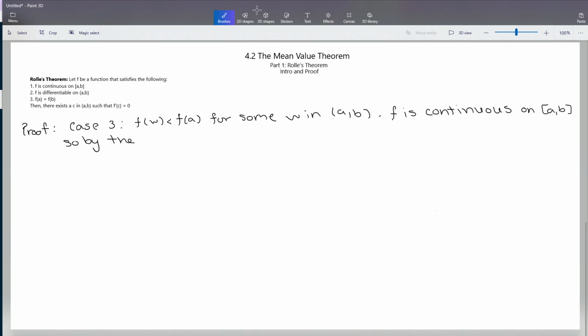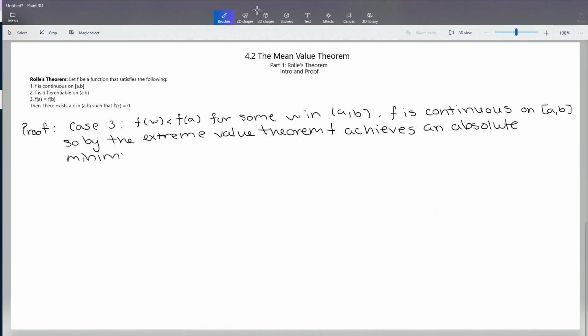So we're going to use the extreme value theorem again. And this time we're going to focus on the absolute minimum.